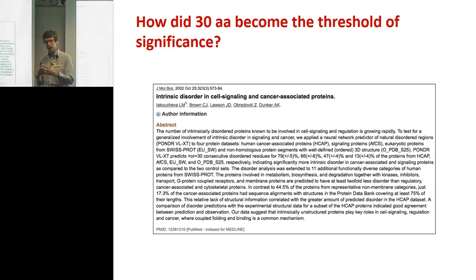Peter Dunker has the philosophy that signaling proteins tend to be highly disordered because the flexibility of the disorder allows the signaling proteins to act more effectively. And he claims as well that many diseases are the result of having a large number of disordered proteins.